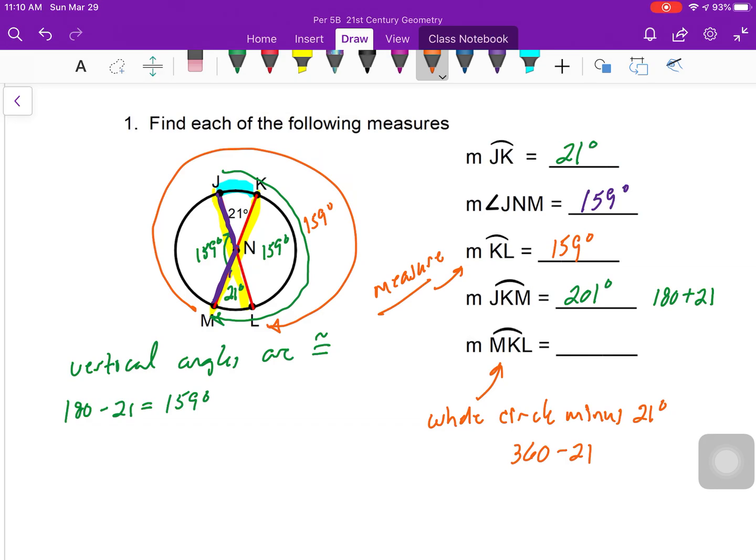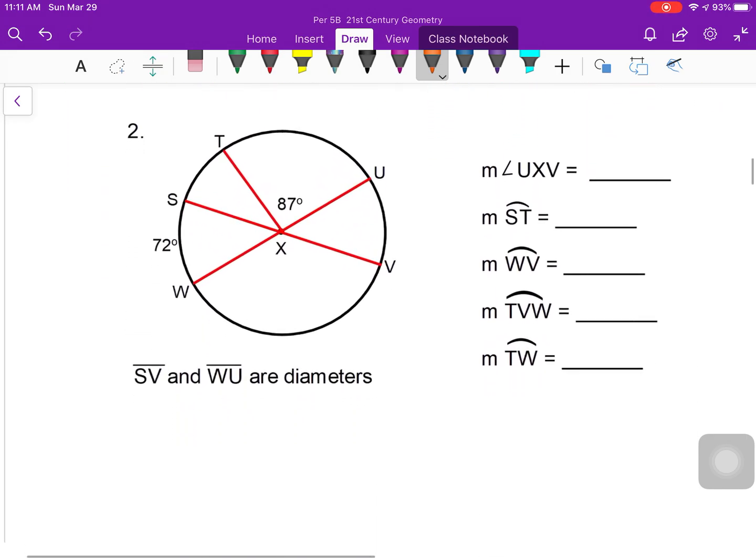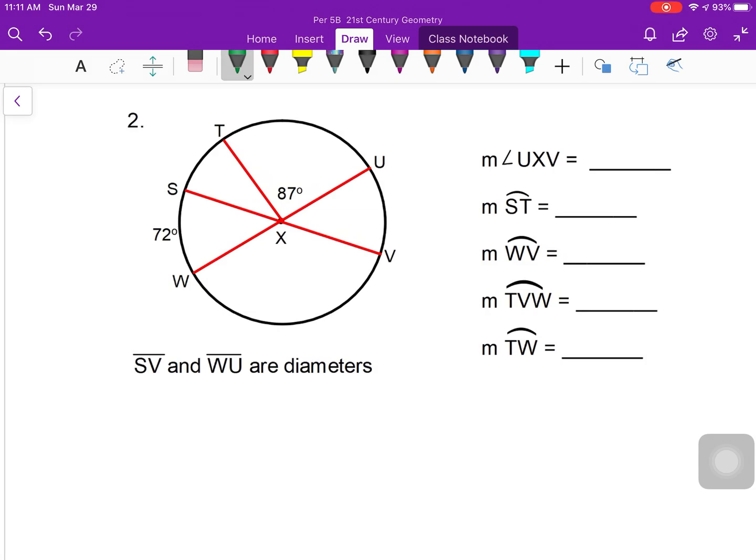So 360 minus 21, 339. So we use our whole knowledge to fill in all of these. Let's try another one. We have several examples today. Okay, let's just see what we know here. Well, we do have vertical angles again.